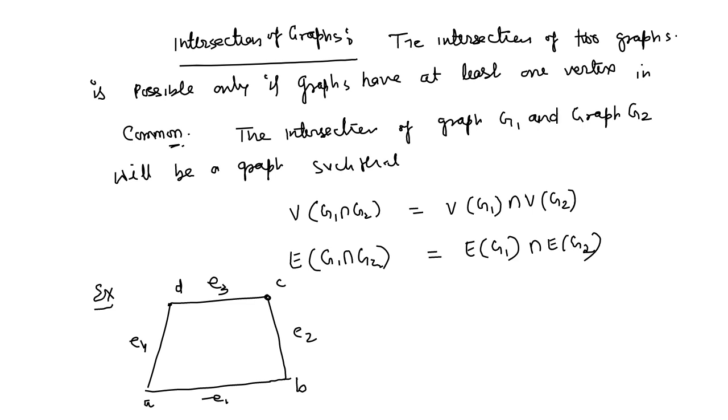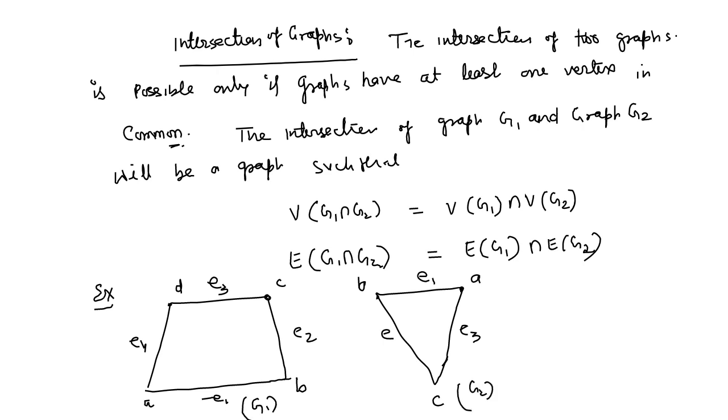And another graph G2 having A, B, C, and E1, E2, and E3. So this is the graph G1 and this is the graph G2.